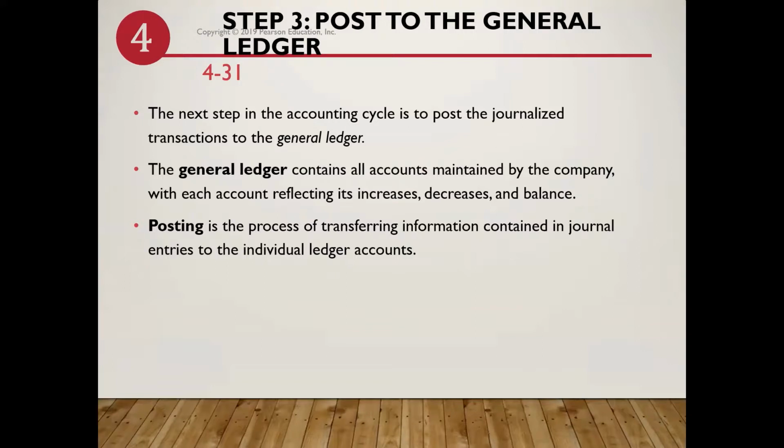Posting involves transferring debits and credits recorded in individual journal entries to the specific accounts affected. Of course, we know that most accounting systems today are computerized. For these computerized systems, the journal input information creates a stored journal and simultaneously posts each entry to the ledger accounts.